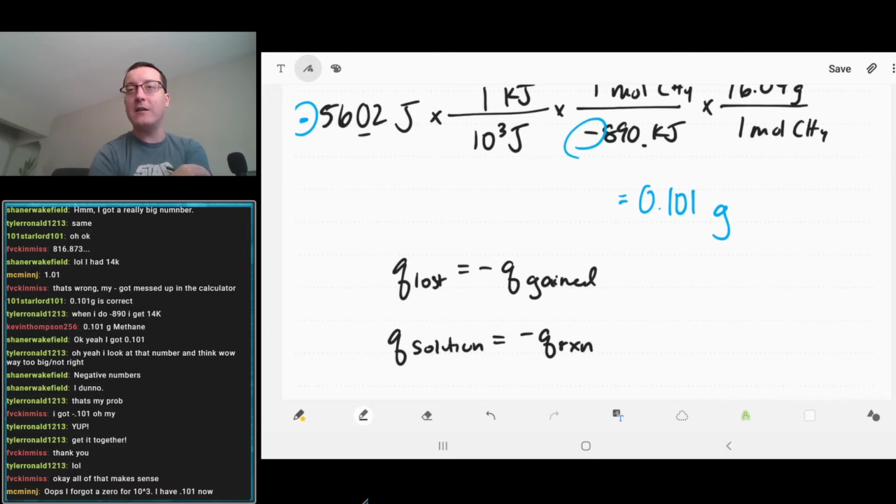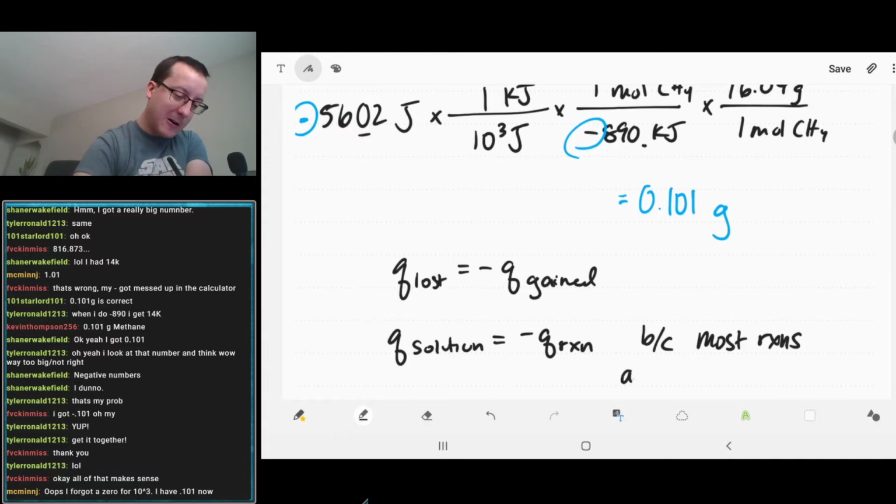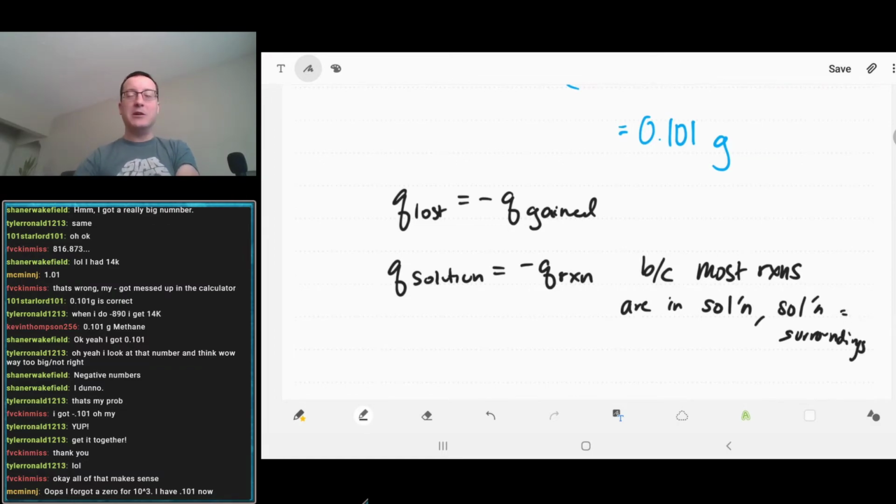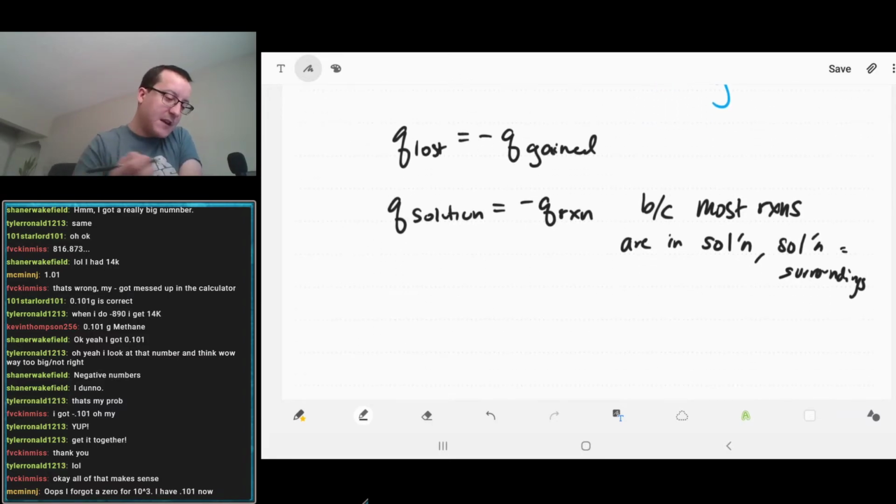So typically, because most reactions are in solution, the solution is therefore the surroundings. So the reaction will be your system, and typically the solution around it is going to be your surroundings. And so we can see what this means by now combining all this fun stuff together.